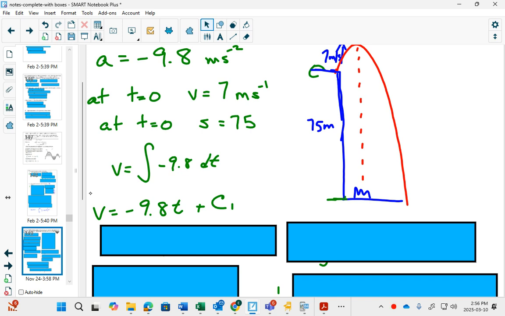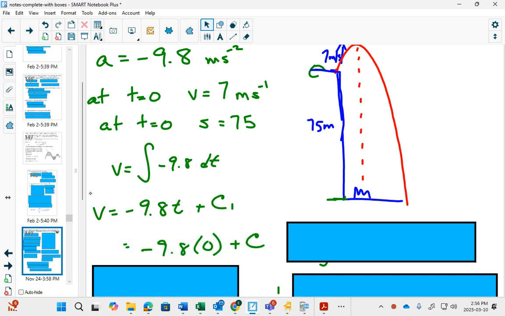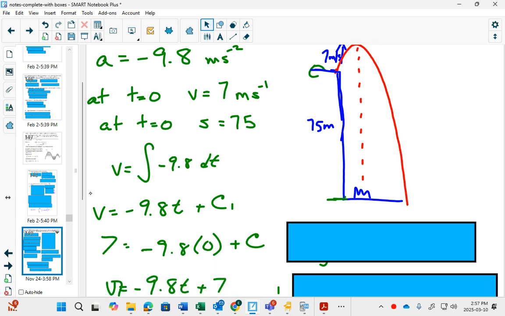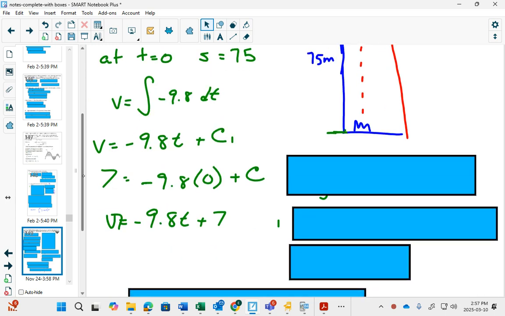And since we know our initial velocity is 7, you can plug in 0 for t and 7 for v, and c has to be 7. So our velocity equation, I'll just put a v here, is equal to negative 9.8 t plus 7.